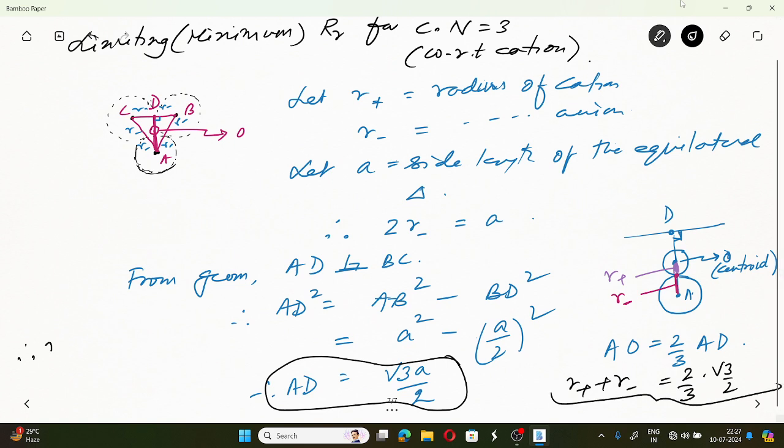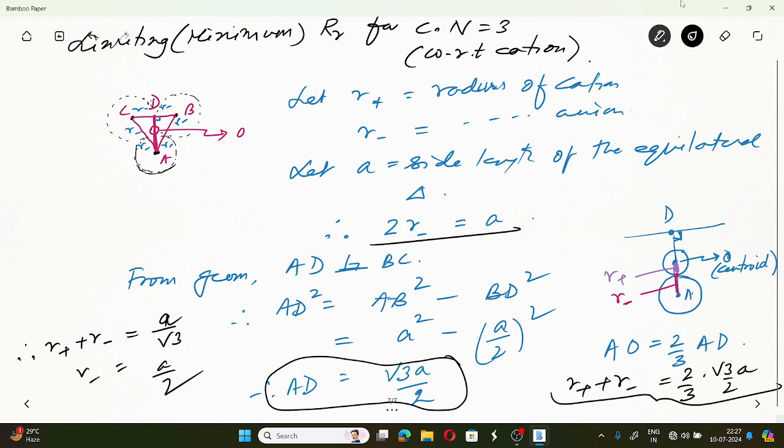Therefore R plus plus R minus equals a/√3. Now what is R minus? R minus equals a/2.